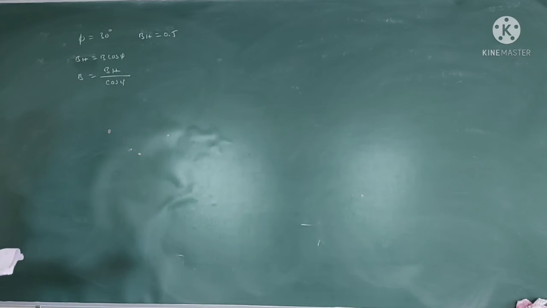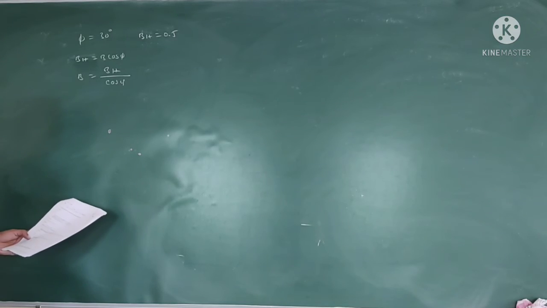Next, 9th one. A bar magnet, when placed at an angle of 30 degree to the direction of magnetic field induction 5 into 10 power minus 2 Tesla, experiences a couple. The torque is 25 into 10 power minus 6 Newton meter, and the length of the bar magnet is 5 centimeter. The pole strength is?